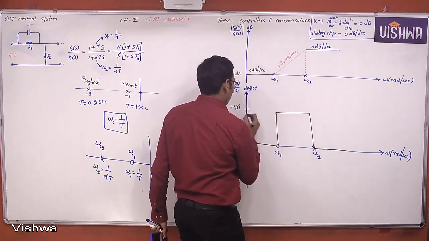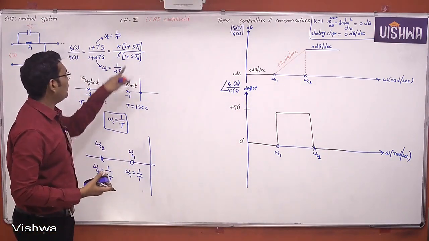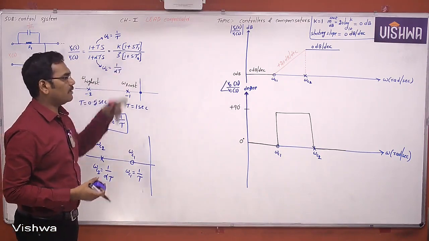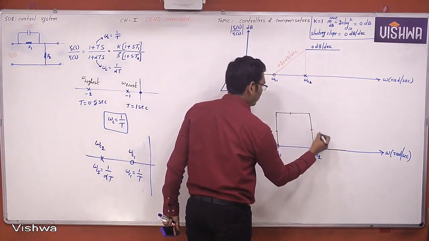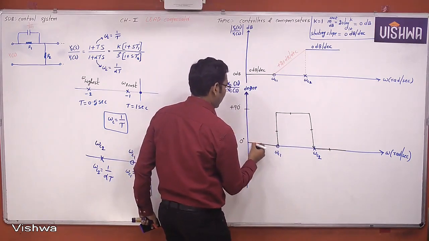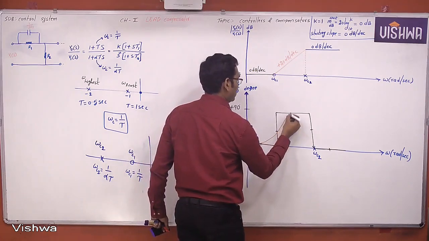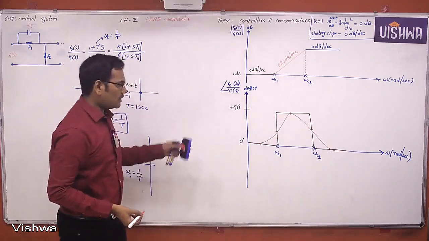But your phase completely depends upon the frequency, because these are finite poles and finite zeros. Therefore, you know how to draw the Bode phase plot. See here, is this the leading phase or not?